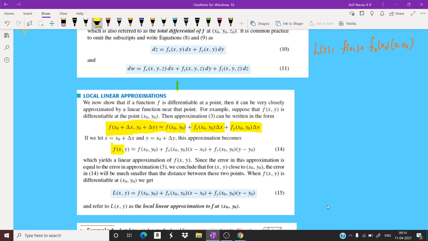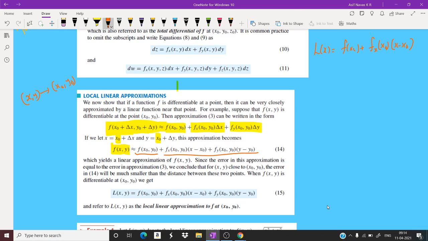Therefore any point x y near x naught y naught can be approximated by using this formula.